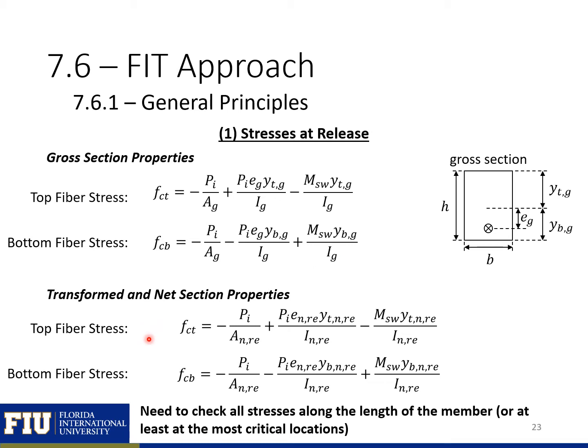For our transformed and net section properties, remember that we'll use our net section properties to resist any self-equilibrating forces, which are the pre-stressing forces and our self-weight moment. So here, if we're looking at release, we use our net section properties. And we want to make sure that we use our net section properties at release. So if we have any non-pre-stressed steel, we want to transform it using our release strength of our concrete.